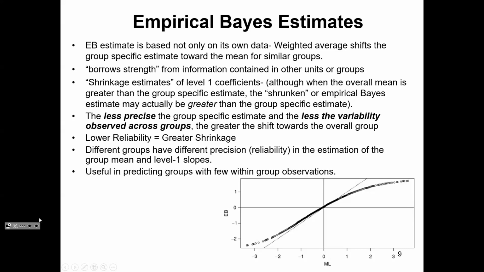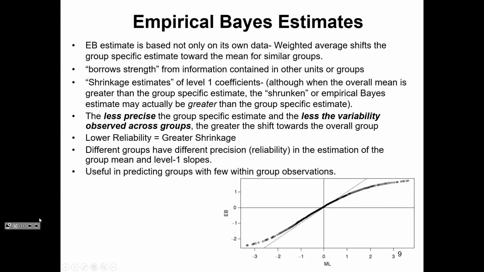So what ends up happening is, imagine our unconditional model. If you have a group that's at the mean, it's not going to matter how you weight the sample mean versus the overall mean, because the group is at the mean. Whether their reliability is high or low, their predicted mean is going to be at the mean.